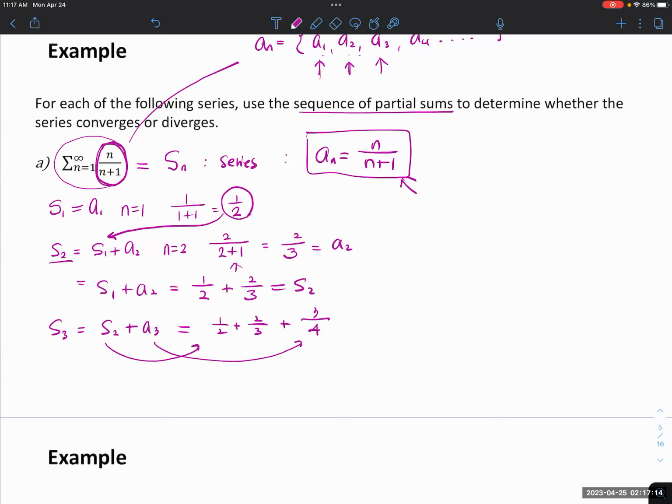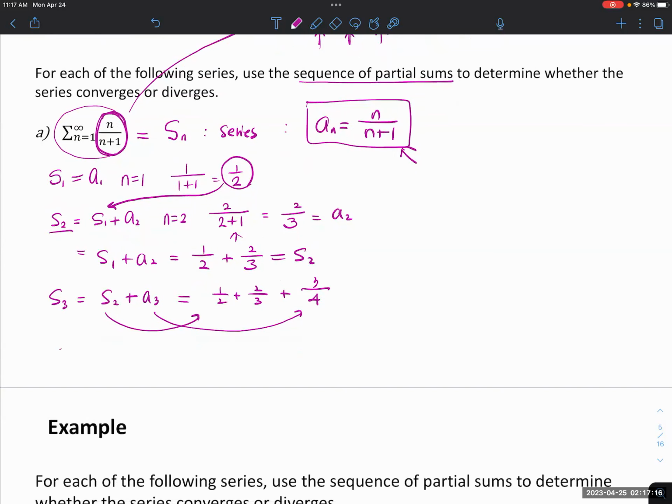Are we okay? One more time, S4 is S3 plus A4. We already know A3, which is these three terms: 1/2, 2/3, 3/4. What is A4? Plugging in 4 here gives 4/5.